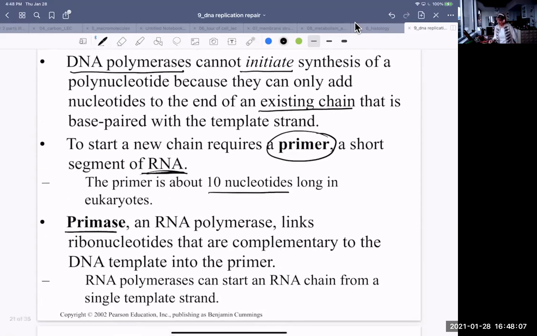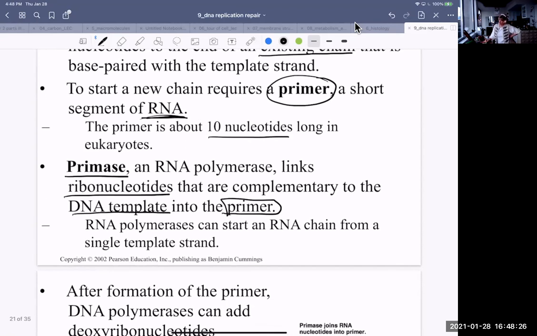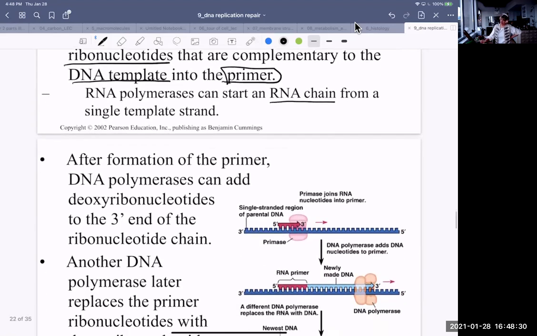And primase, which is another enzyme, an RNA polymerase, links ribonucleotides that are complementary to the DNA template into the primer, that short chain, that short segment. And they can start that RNA from a single template strand.